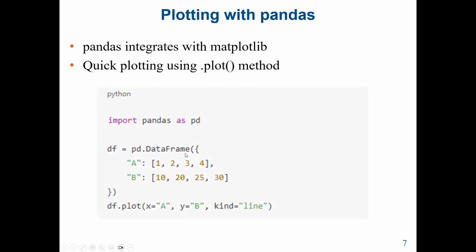Then we use the data frame, pd.DataFrame, and this is our A and B. We assign this to a data frame named df. So we say df.plot, x will be A, y will be B. It will plot the same thing, a line plot again.